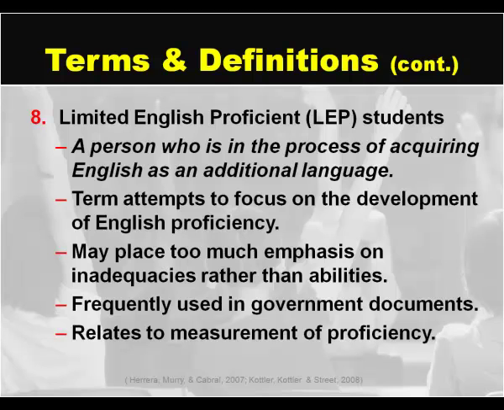Limited English proficient students are persons in the process of acquiring English as an additional language. The term attempts to focus on the development of English proficiency. May place too much emphasis on inadequacies rather than abilities. Frequently used in government documents and relates to the measurement of proficiency.